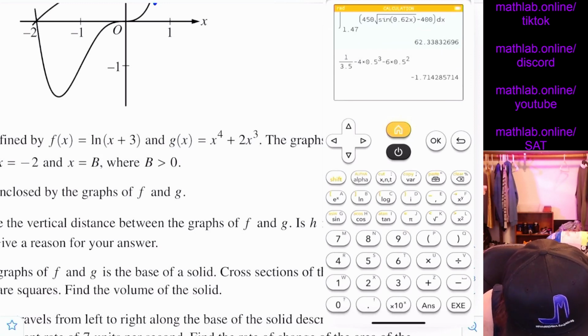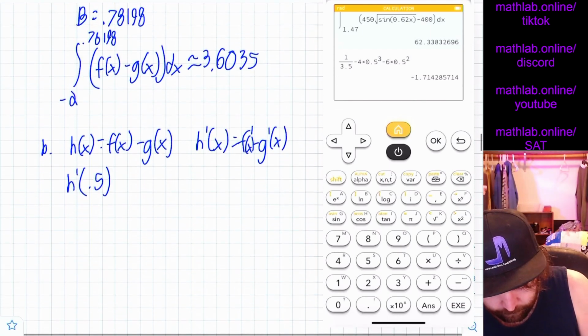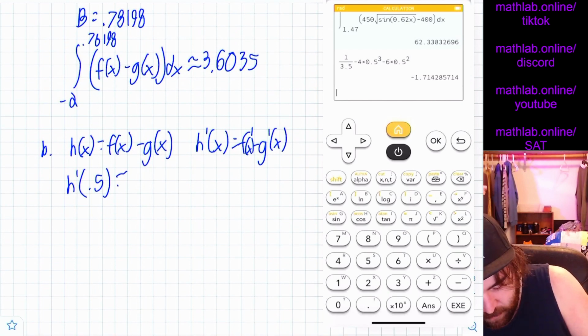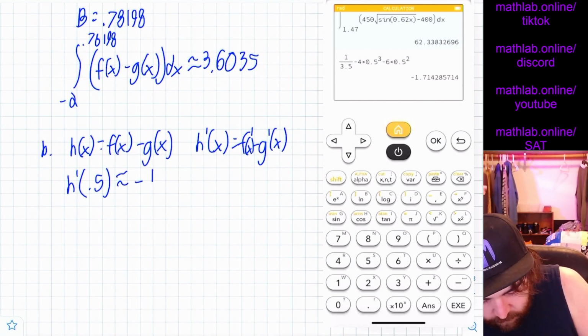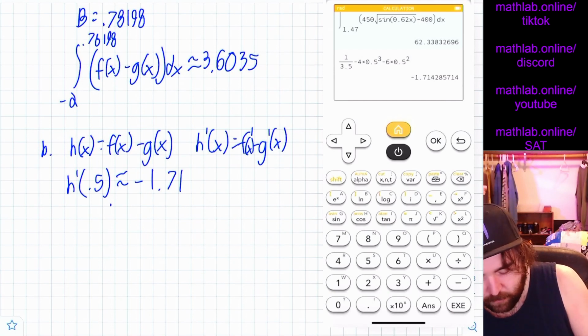Before I even look at the answer, make sure I typed it in right. 4 times 0.5 cubed, because it's 4x cubed. And then it's 6x squared. So minus 6 times 0.5 squared. And it's minus because we're subtracting the whole g of x. And what do we get? Negative 1.71. So h prime of 0.5 is roughly negative 1.71. So that means, therefore, decreasing.